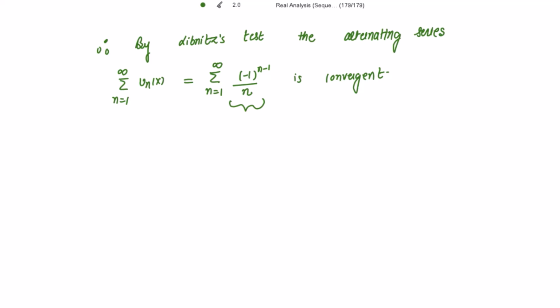Now because this (-1)^(n-1) divided by n is independent of x, that means this series is not only convergent by Leibniz test, but also it is uniformly convergent. Please remember, for the uniformly convergent series, the positive integer N depends upon epsilon and is independent of the point x.